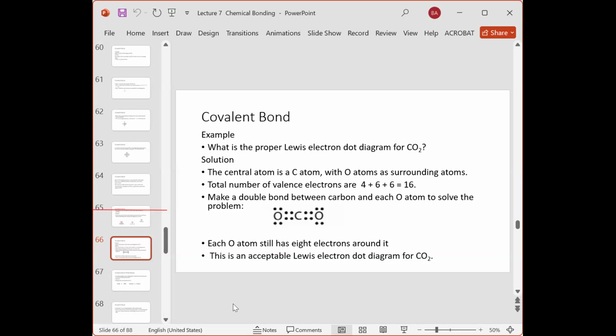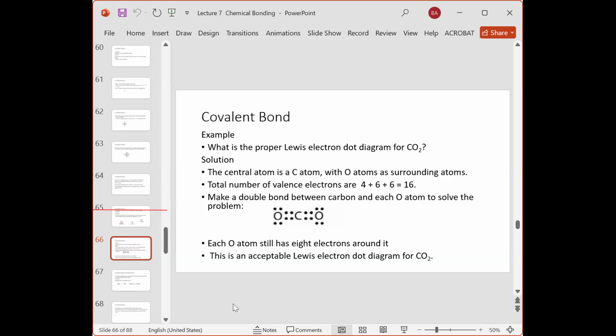The total number of valence electrons is 4, 6, and 6, which gives you 16. So make a double bond between the carbon and oxygen atom. If you don't do it that way, you won't satisfy the octet rule.